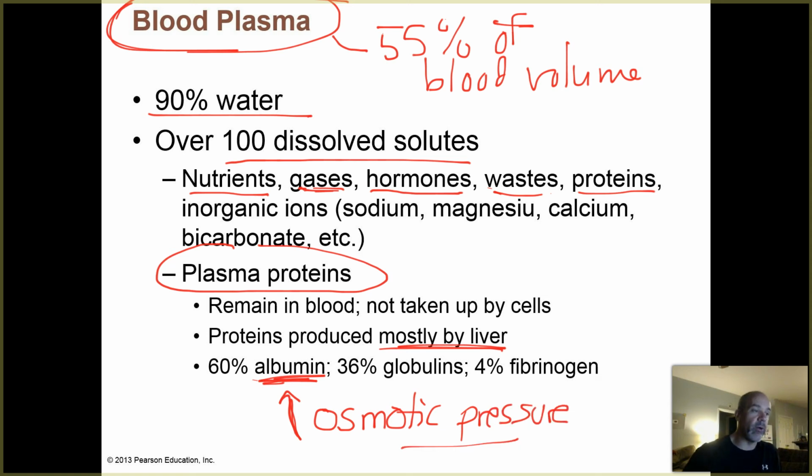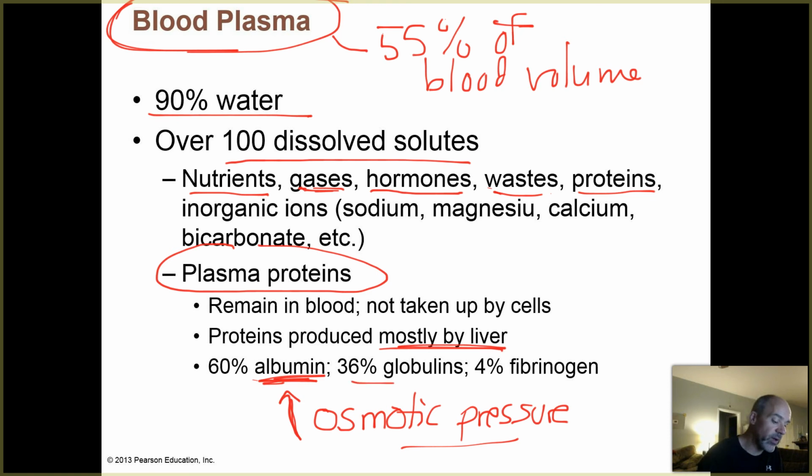As we'll see a little bit later on, albumin plays a very key role in fluid balance between your interstitial fluids and your blood, and also assists with the pushing of good things like nutrients and hormones out of the blood and into interstitial spaces, and taking up and removing the wastes that have to be carted away from your tissues.